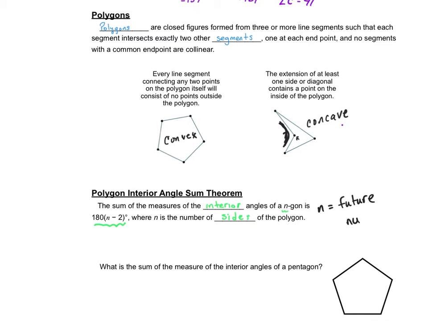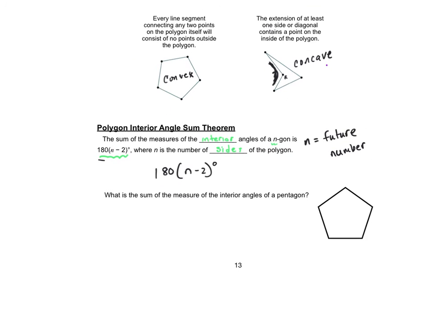It may have 5 sides, 10 sides, 1 million sides. That is to be determined later depending on what kind of polygon we're using. So n is the variable, the unknown we're going to look for, and the equation is 180 times the number of sides minus 2 degrees. That gives us the sum of the interior angles.